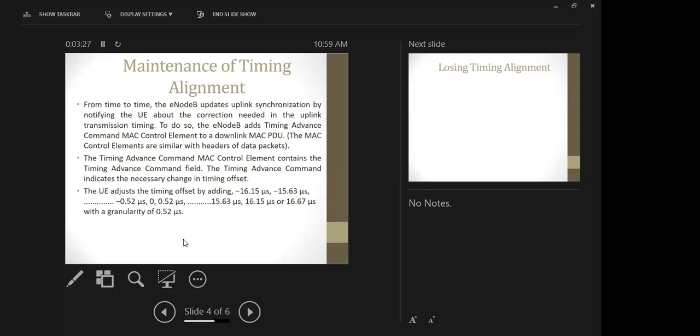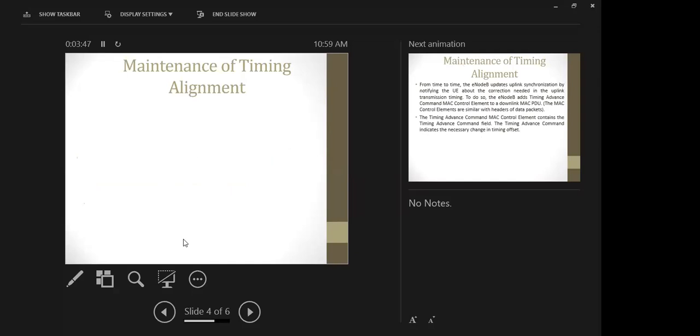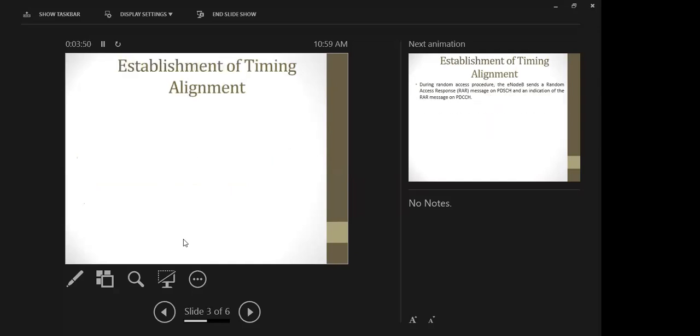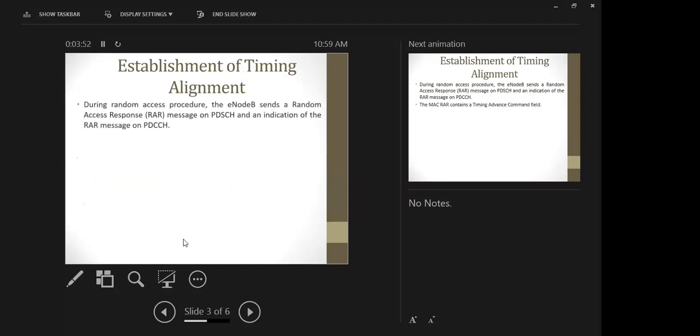Now how is it created for the first time? Well, that part will be clearer when we go through the procedure of how you first establish uplink transmission. To establish that activity, there is a procedure called random access.